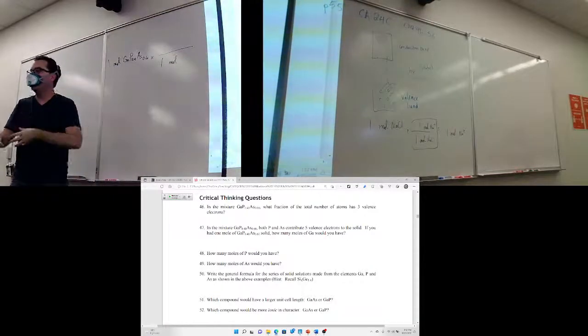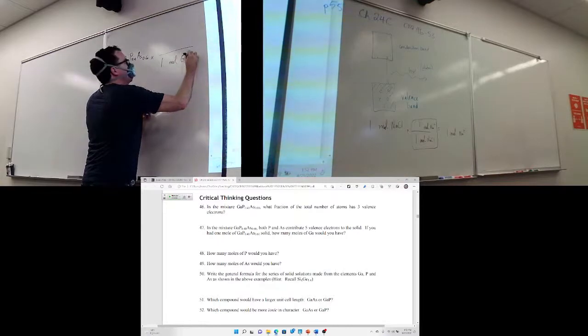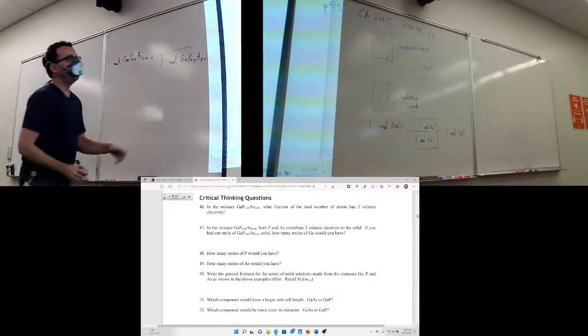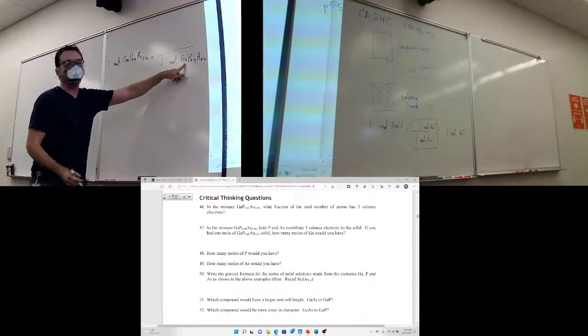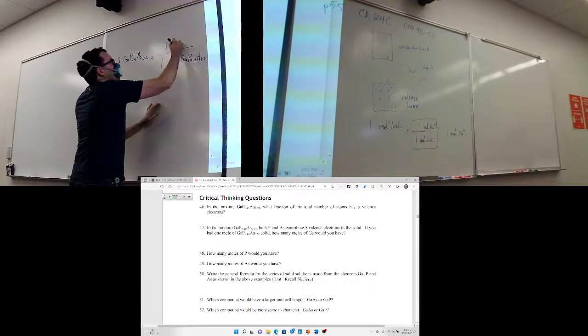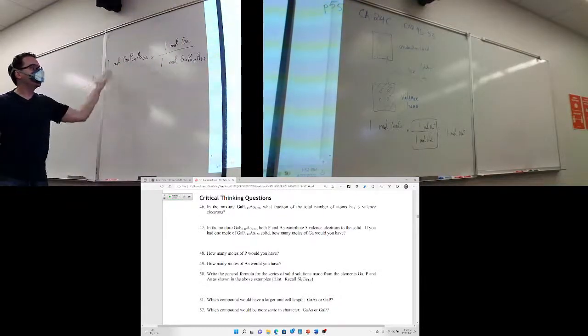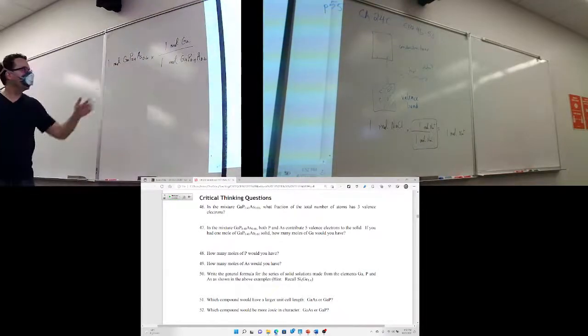Instead of 1 formula, 1 mole of formulas, and the formula is gallium, phosphorus 0.4, arsenic 0.6. How many galliums are there in there? Well, it's 1. That's what the formula says. There's 1 gallium, so 1 mole of gallium if I scale it up. So look at the math. I have 1 mole of gallium in 1 mole of this substance.